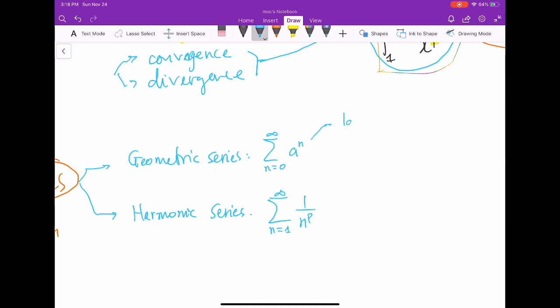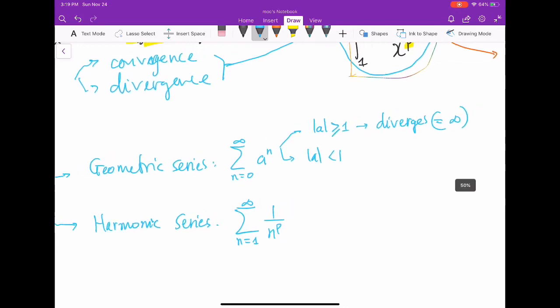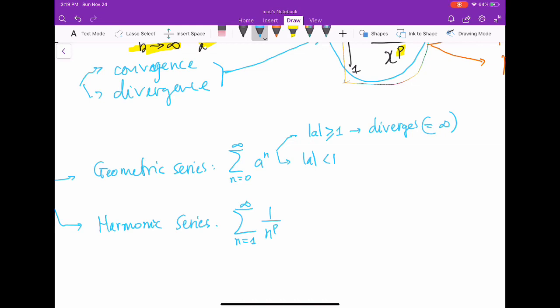When the absolute value of a is bigger than 1, the series diverges. So if the series diverges, it means it is just equal to infinity, right? So there is nothing to say. But when the absolute value of a is less than 1, this series converges, and we can find the sum of this series.